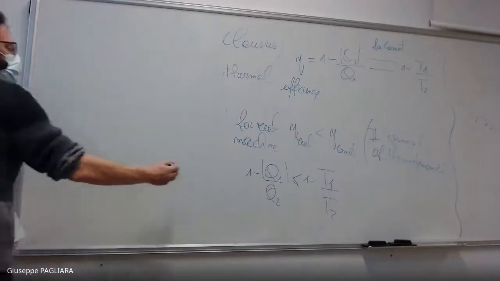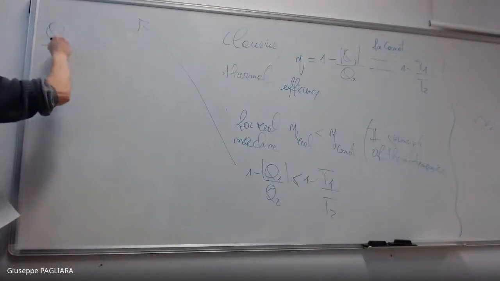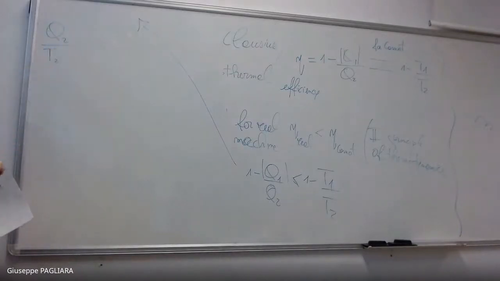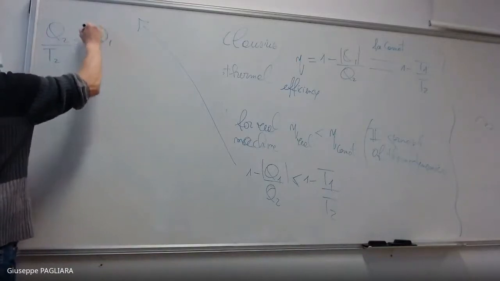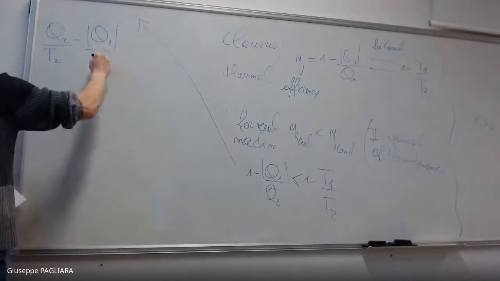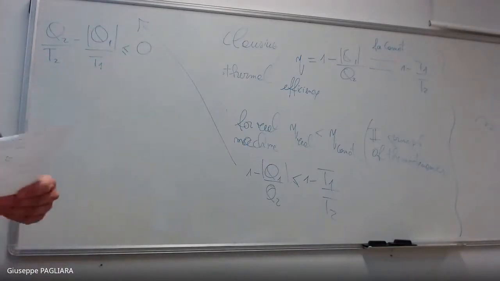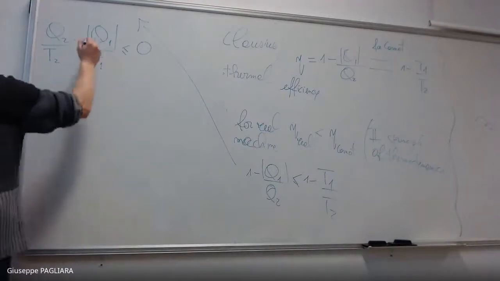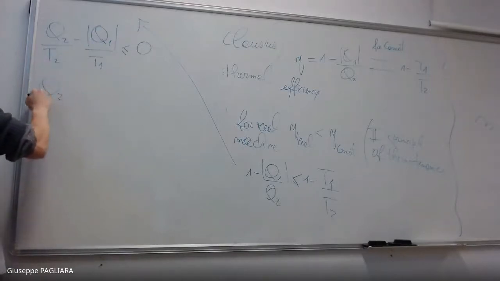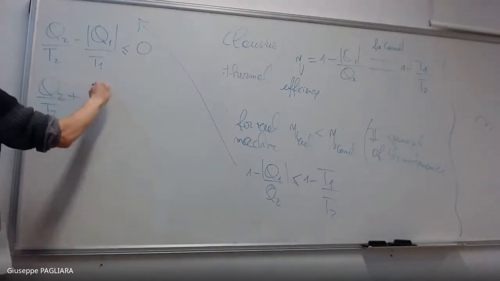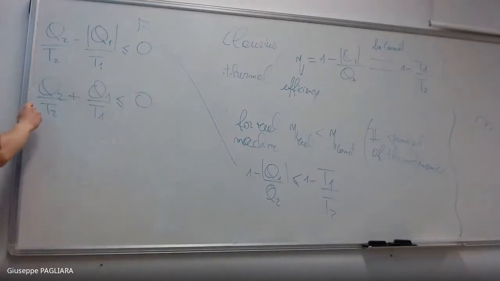Okay. So from this, I get that Q2 divided by T2 minus absolute value of Q1 divided by T1 is smaller or equal to 0. Okay? Or if you want, since we know that the sign of this is a minus, this is also Q2 divided by T2 plus Q1 divided by T1 less than 0. And this is just Clausius. Okay?